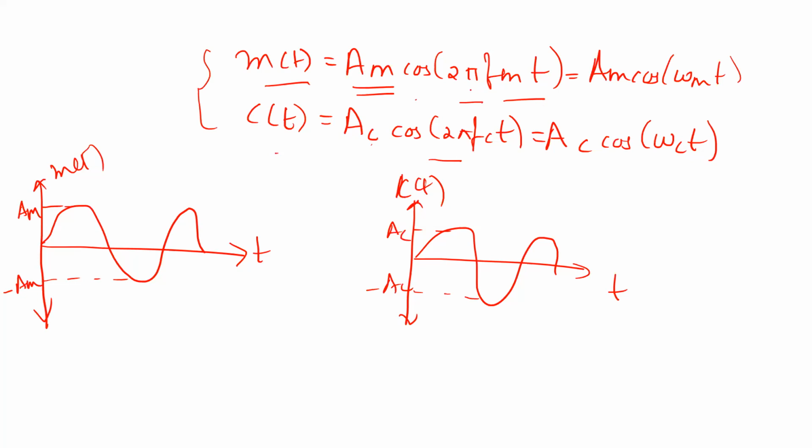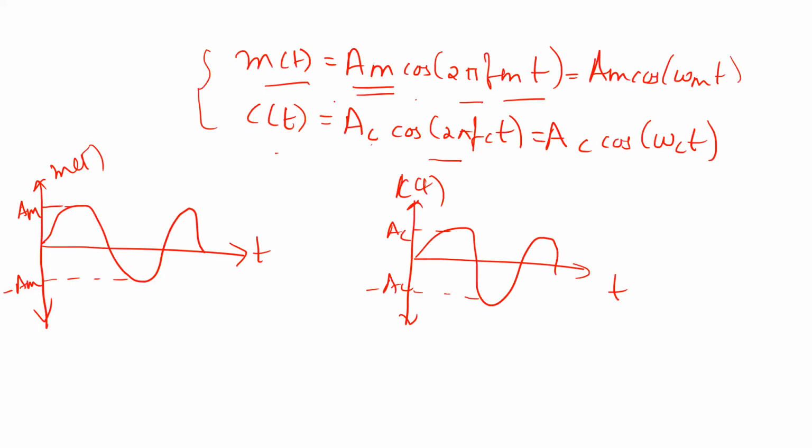Okay. So now, what did the definition of amplitude modulation say, Jerry? It said the amplitude of the carrier signal varies with the message signal. Correct? So what is the amplitude of the carrier signal? Ac. Do you agree?